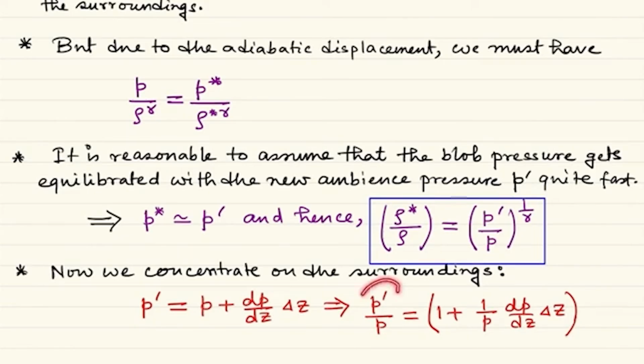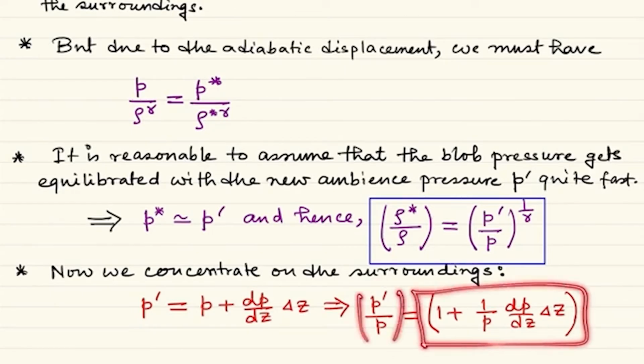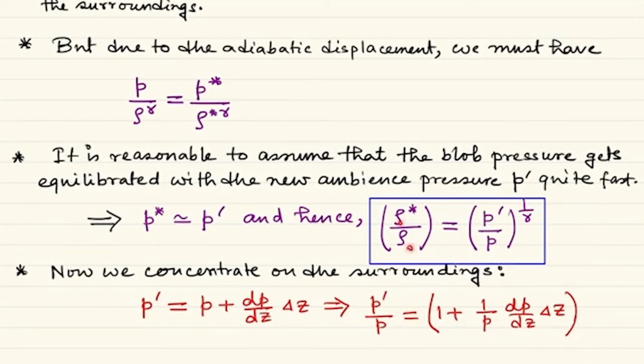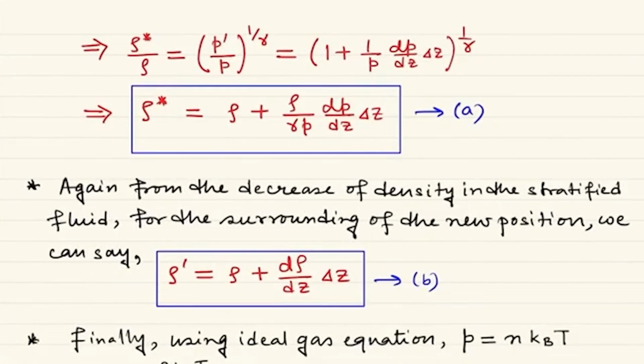Now P prime by P raised to the power 1 by gamma will give you rho star by rho, and that is exactly what we will do now. So rho star by rho will be equal to P prime by P whole to the power 1 by gamma, which is 1 plus 1 by P dP by dz times delta z, all raised to the power 1 by gamma.